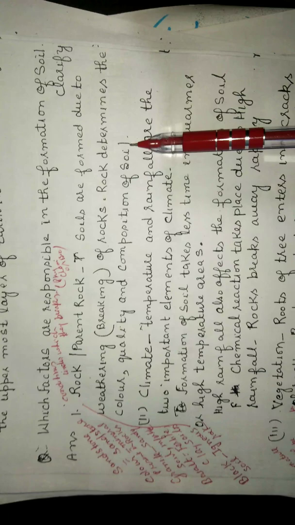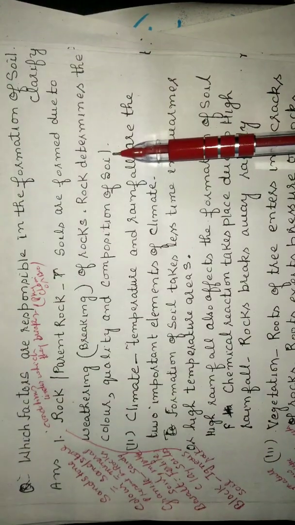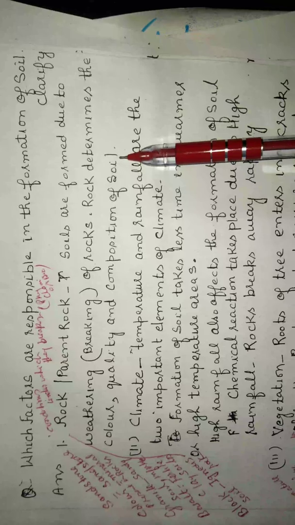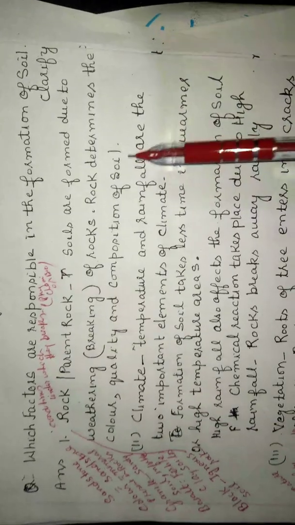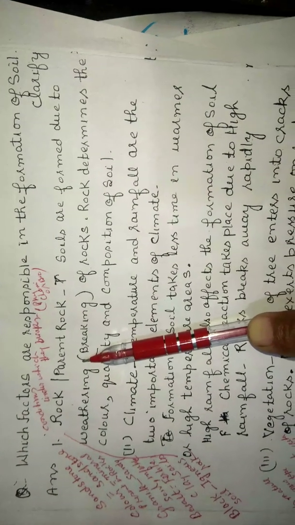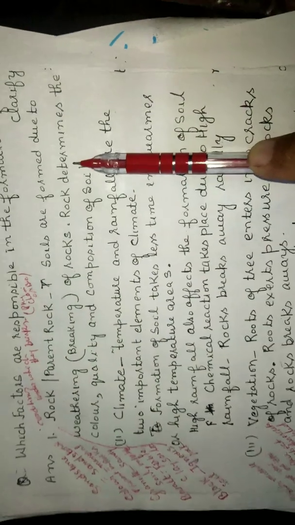The basalt rock forms the clay fertile soils. So in this way, the parent rock affects the composition of the soil. It determines the quality, color of the soil.